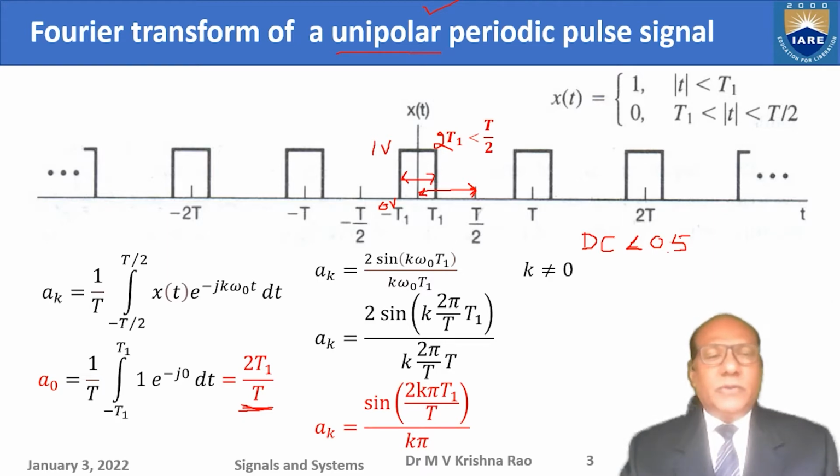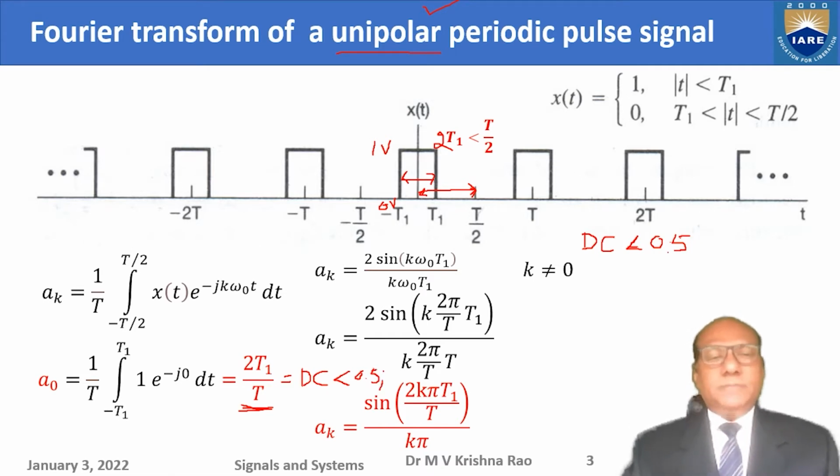A0 is equal to 2t1 by T. T is the full cycle and 2t1 is the on period. So on period by total period is nothing but our duty cycle here, which in this case is naturally less than 0.5 or 50%. That is what we have regarding this waveform.